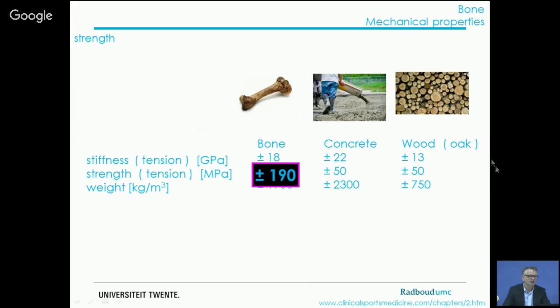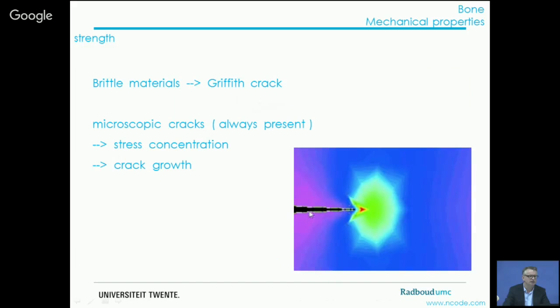And I highlighted this graph already, and I showed you that the bone, the compact bone, is very strong. But it's also very ductile, and I will show you what it means. It means that it's a kind of a crack stopper. So if you have a crack in your bone, if you have a normal brittle material, the crack will just propagate and will fracture everything.